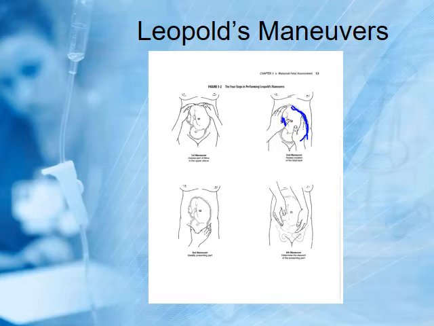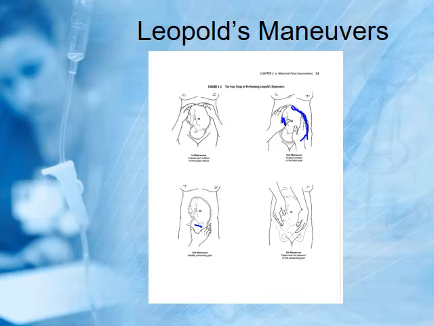Then you feel down what's in the pelvis, and this is the nice fetal head, and you can kind of shake the head. You can feel it bob back and forth. And then the final one is to feel both the back and the baby's abdomen area to determine which part of the head it is, if it's flexed or not.